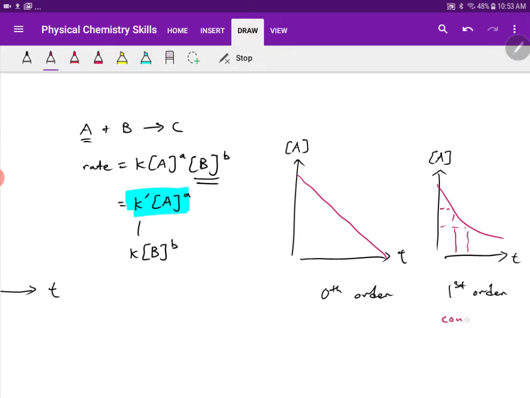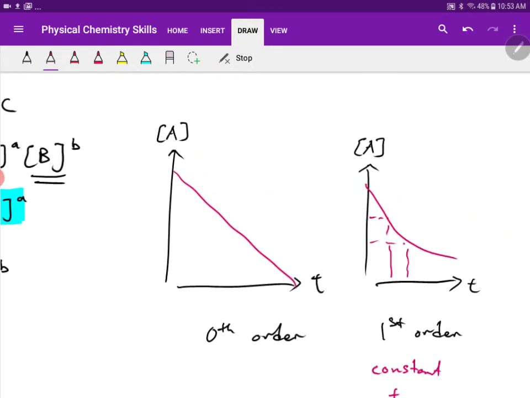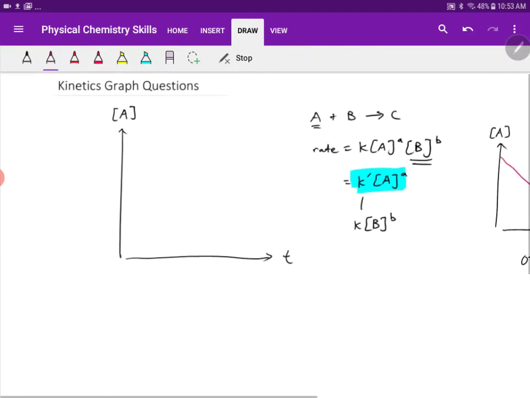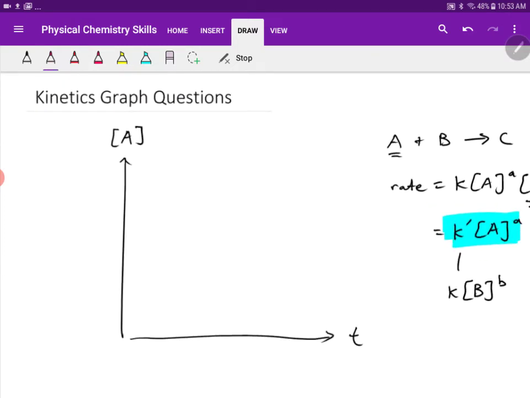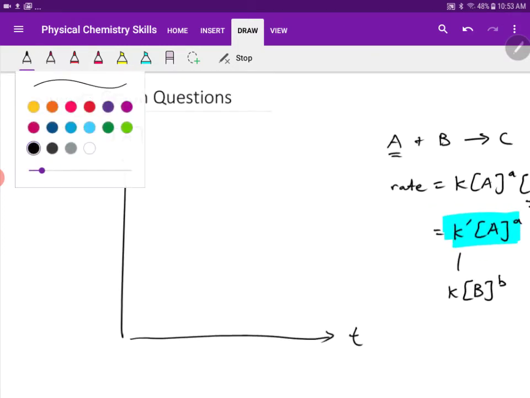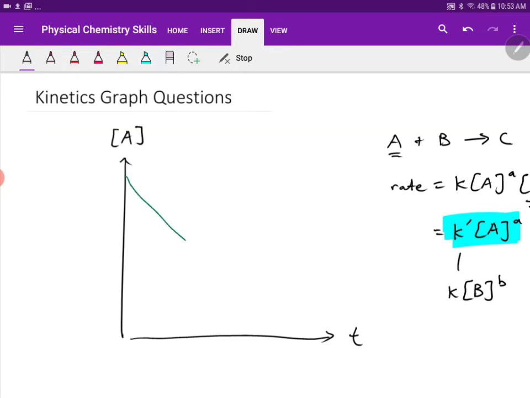So you'll see constant t half. If you just simply look at one of the graphs, you'll be able to get zero order or first order, depending on whether it's a diagonal line or whether it's a curve with constant half-life.